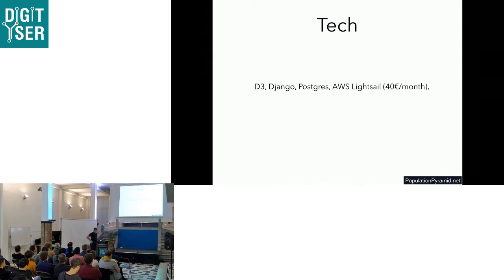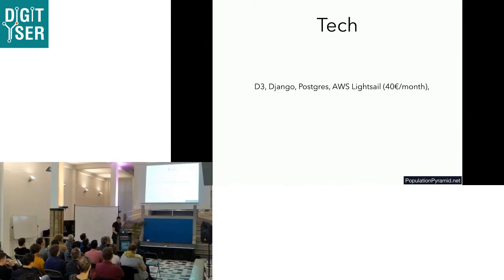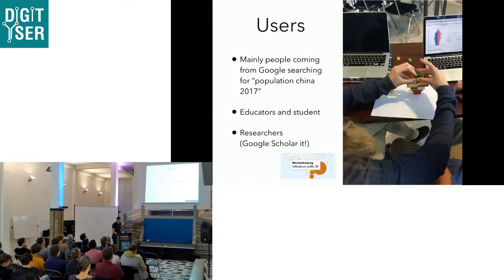Sometimes Baidu can send you millions of requests a day. You don't know why, but they decide to do it. Because your site is in Chinese. Okay, so that's about the tech. It's quite lightweight in the end.